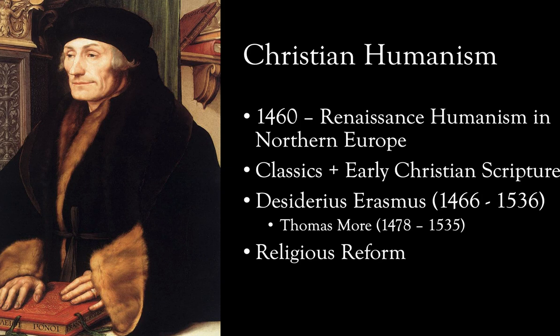And he actually has quite the run-in with King Henry VIII, and that's going to be a fun story that I will tell you when we get to Henry VIII in the Reformation. But I just want you to have this context that Thomas More is also another Christian humanist, and he wrote a famous text called Utopia. And think about that idea of what a utopia is, an ideal world. And so he uses the idea of Christian humanism to suggest what he thinks would be the ultimate utopia for Europeans.